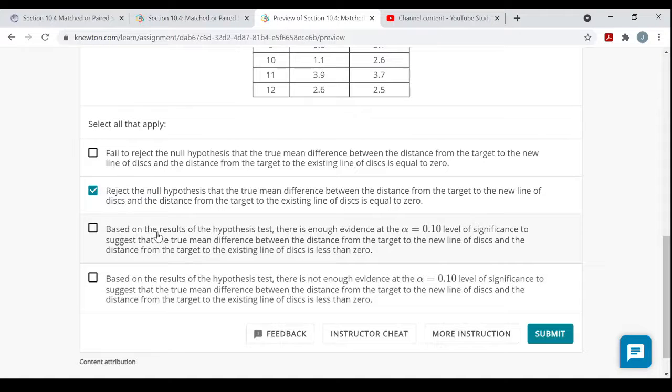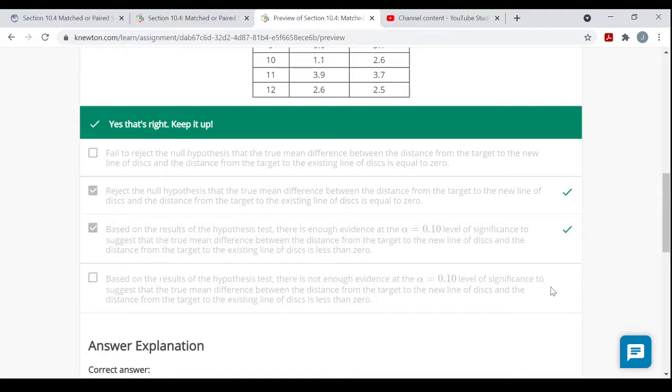This one says, based on the results of the hypothesis test, there is enough evidence at the 10% significance level to suggest that the true mean difference of the distance to the target for the new line of disks and the distance from the target for the existing line of disks is less than 0. And yes, that was the claim, and saying there is enough evidence to support the claim is exactly what I was saying earlier. If we are rejecting the null hypothesis, that means we're leaning toward the alternative, which was the claim, and we support the claim.